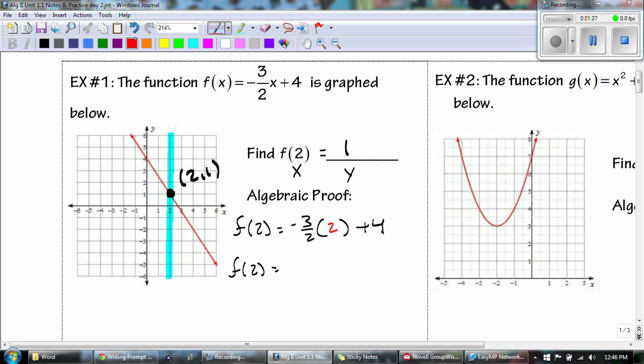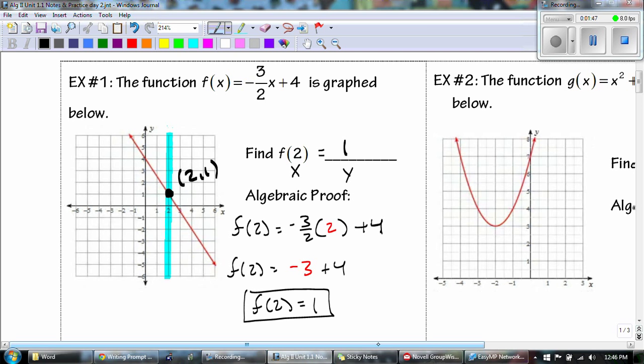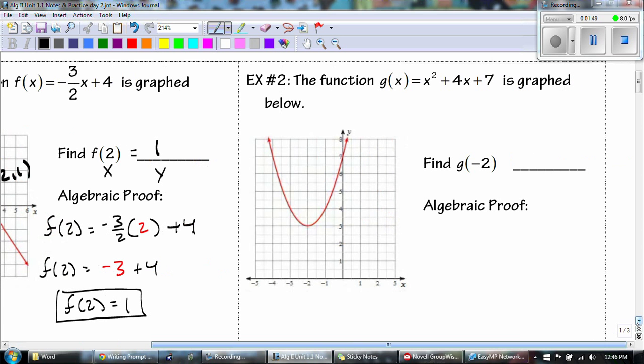Negative 6 divided by 2 is negative 3. And then negative 3 plus 4, we get 1! And isn't that what we said the answer was? Yeah. Okay, so if we don't have a graph, there is a way to find the answer by plugging it in. Okay, so here's our equation once again.